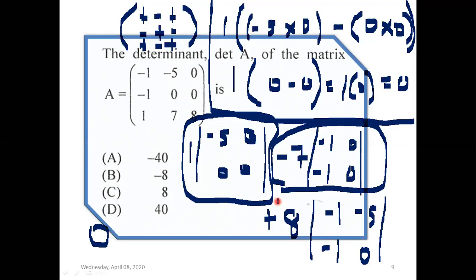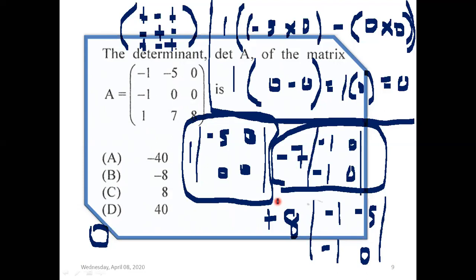-5. Not -5, just 5. -5 is not the answer. Negative 47.